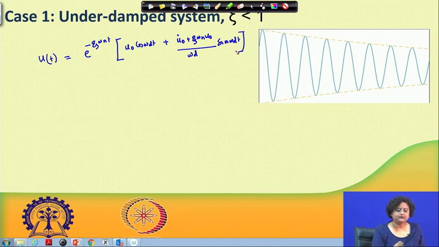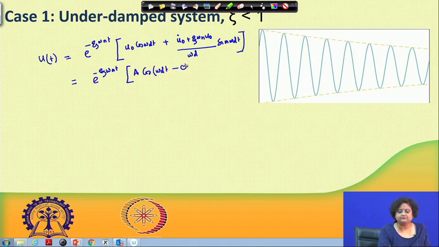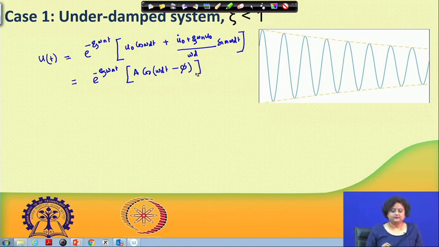Now, let us carefully look into this expression of response. We see that this can again be written as e to the power minus zeta omega n t into some A, which is the amplitude, the square root of u0 square plus this square, into cos(omega d t minus some phase angle phi). Okay. So, what do we understand from this expression?